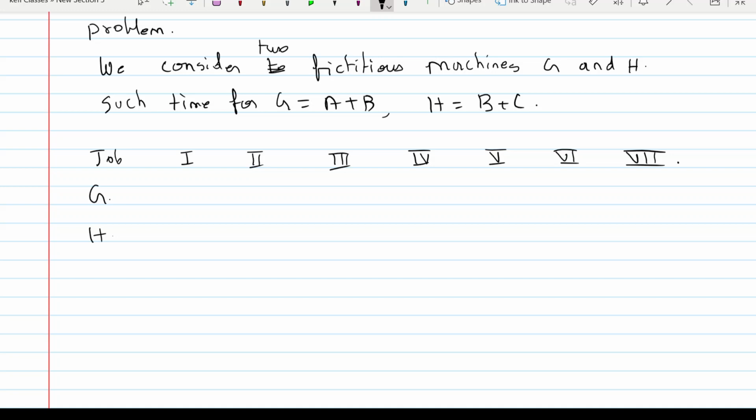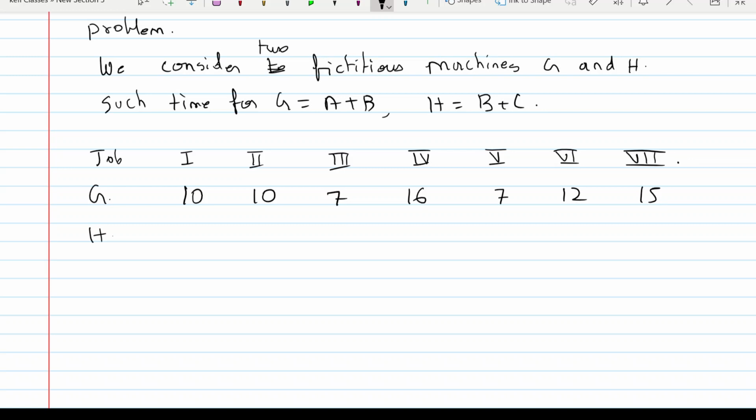What are the values for G? A plus B: 10, 7, 10, 10, 7, 16, 7, 12, 15.